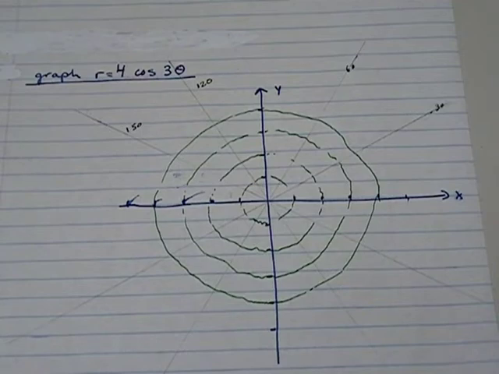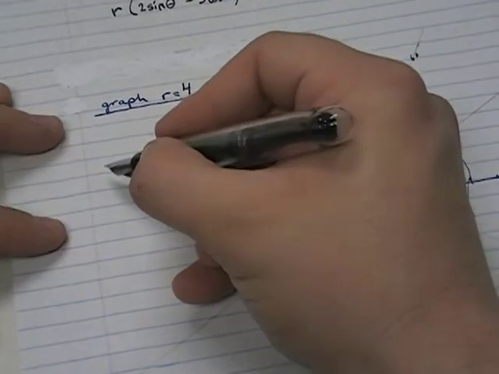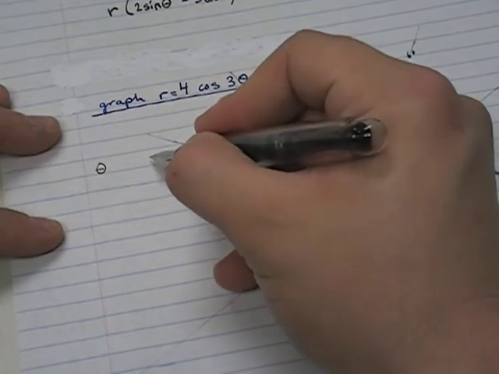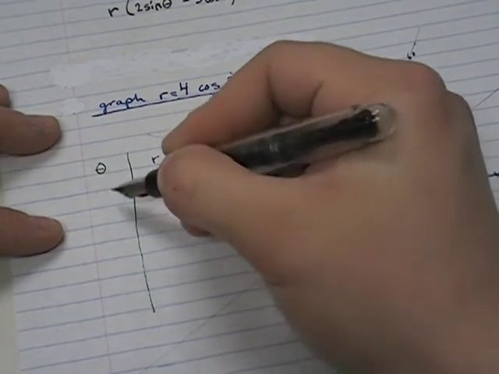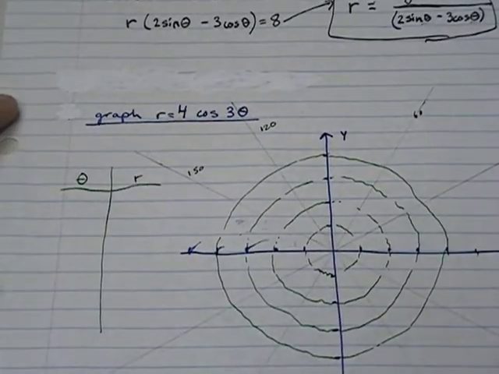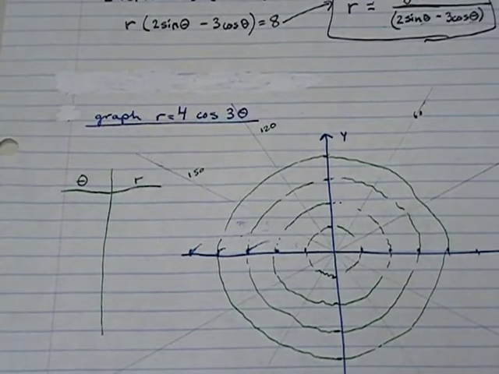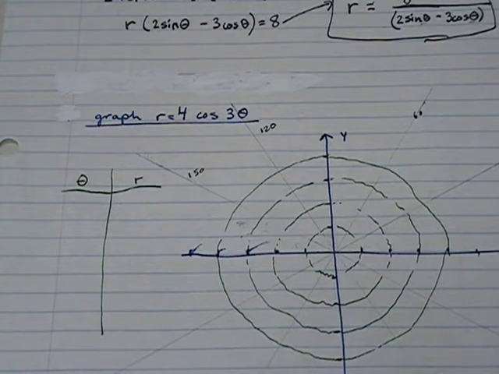And here's what we're going to do. We're going to create a table. Okay, we're going to create a table that's theta and r. Okay, and basically we're going to take this equation and we're basically going to create this graph here.